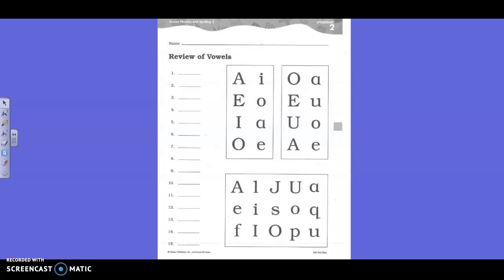Different letters make different sounds. Do you want me to tell you? There are 40 sounds.